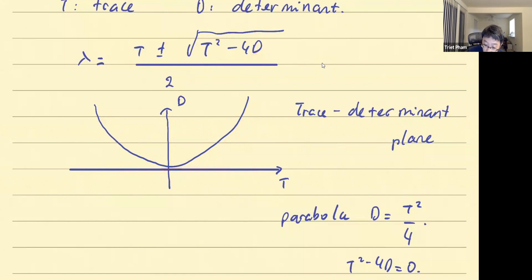In what sense? Everything below here are real solutions. But D equal to 0 is quite important, because D equal to 0 means you have lambda equal to 0 as an eigenvalue.